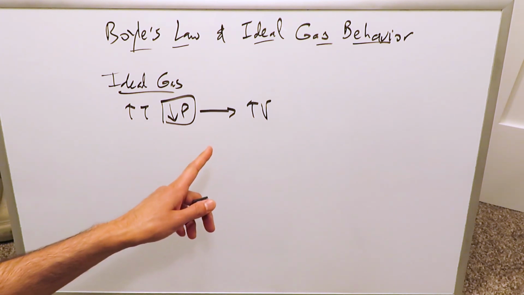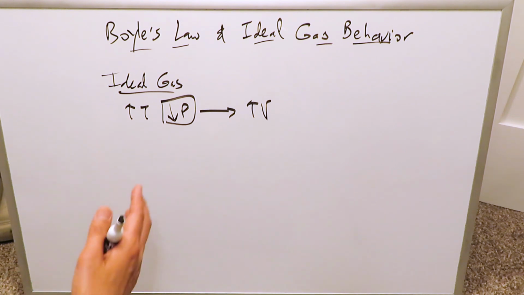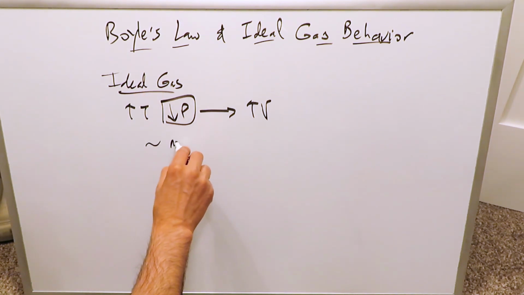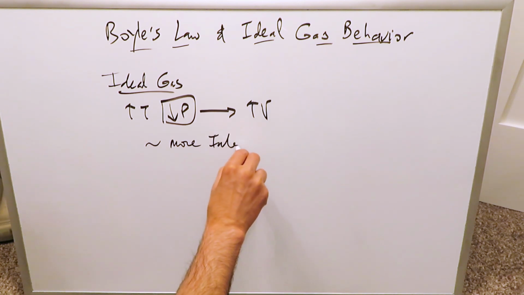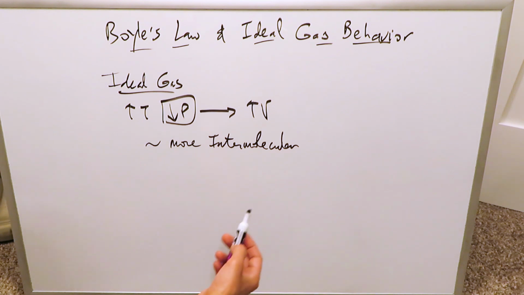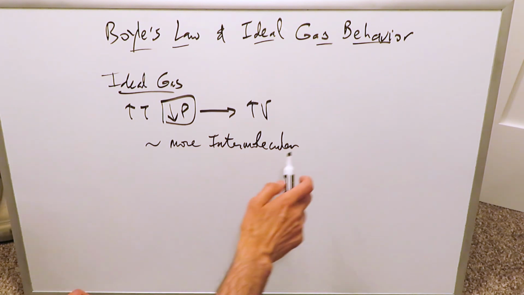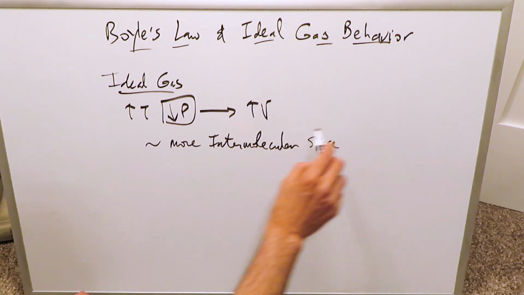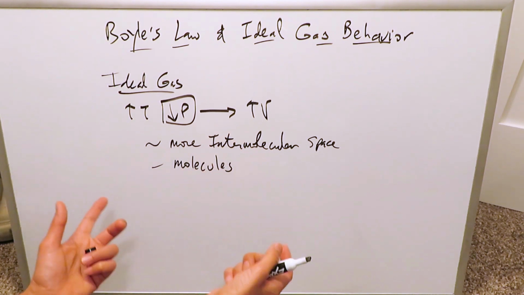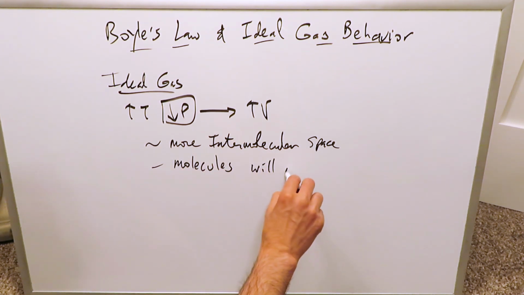As a result of this high volume and low pressure, what will be the outcome in terms of the ideal gas? You're going to have more intermolecular space. You know that because the volume has increased. There's more volume or more space between the molecules, more intermolecular space, which means what? Your molecules in that specific container or in that system will interact less.